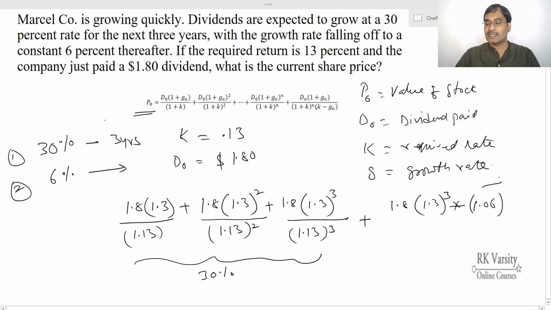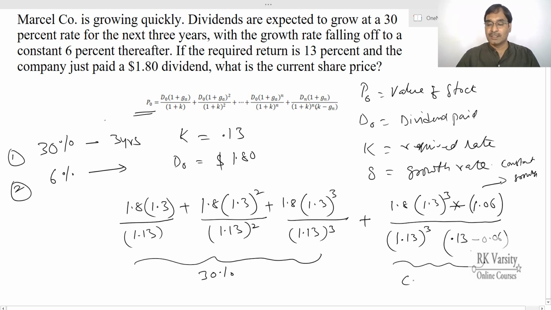So this is a constant growth dividend. This is divided by your discount rate, 1.13 to the power of 3, times Ke minus g, that is 0.13 minus 0.06. So this is a constant growth of 6%.